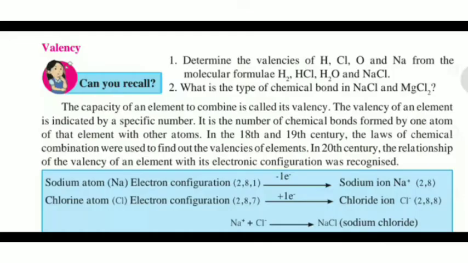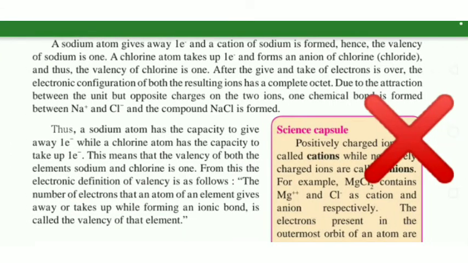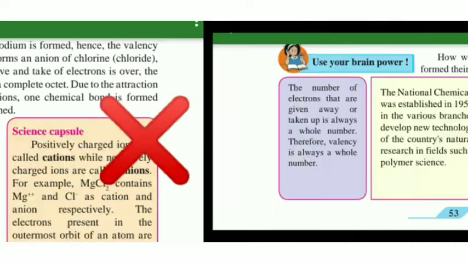So here is the homework for you. You have to note down the sodium atom electronic configuration, chlorine atom electronic configuration. Then note down that on page number 53 there is a science capsule which is not in portion, so you don't need to study that.